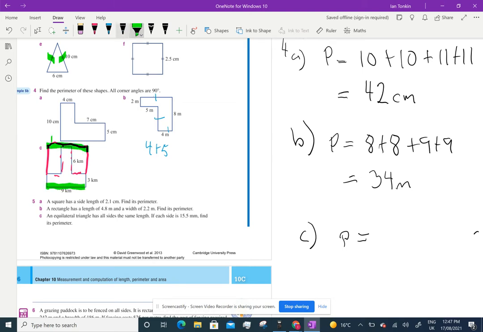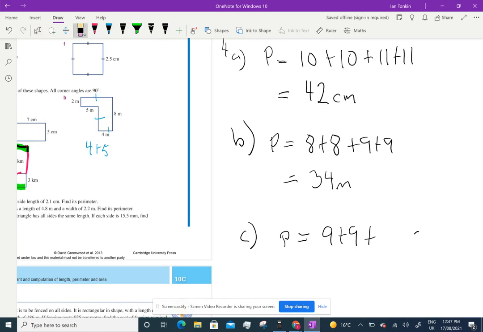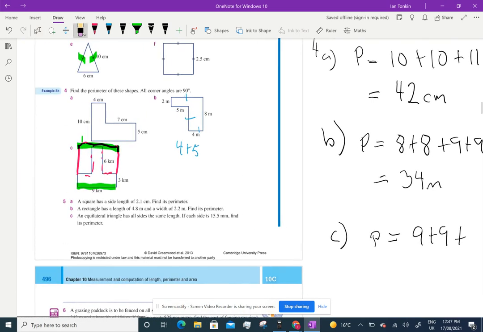So 9 plus 9, plus I need these two distances.